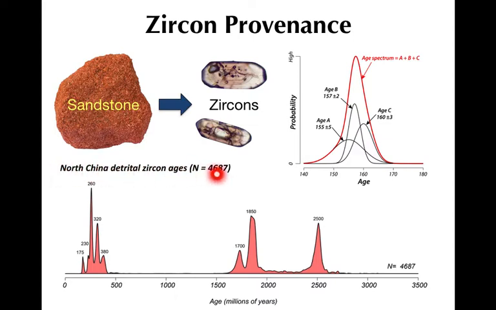Now, what this plot tells us is that all of the sandstones in North China consist of zircons with these main age groupings. And what that tells us is that the crust of North China consists of rock with those ages. So just by looking at the age spectrum of zircons in sandstones, you can tell a lot about the age of the continent that you're on.